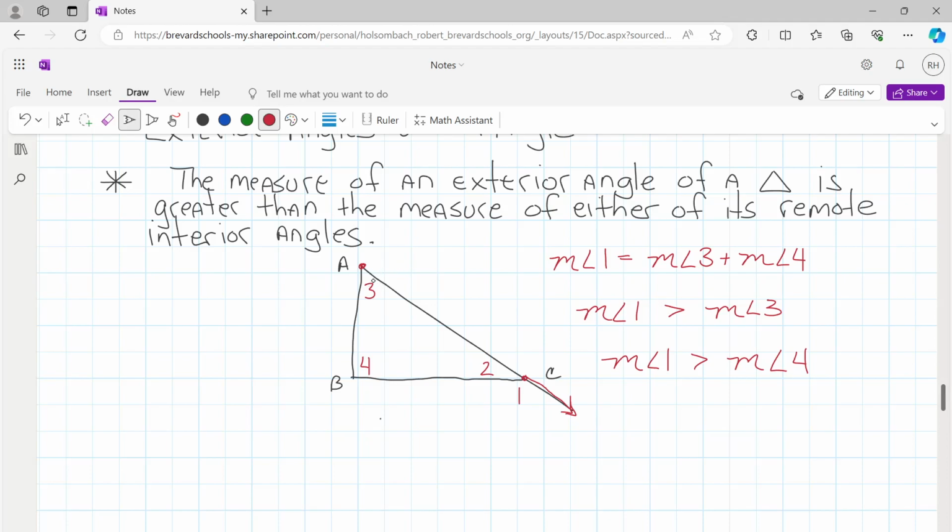If we have to add 3 to 4 to get the measure of angle 1, then doesn't 1 have to be bigger than both of them individually? Okay.